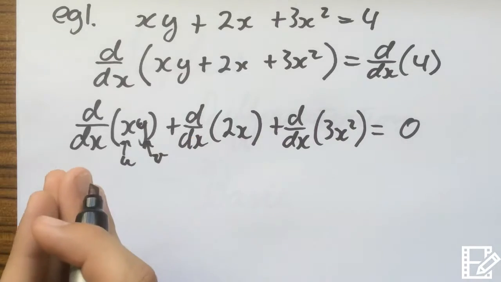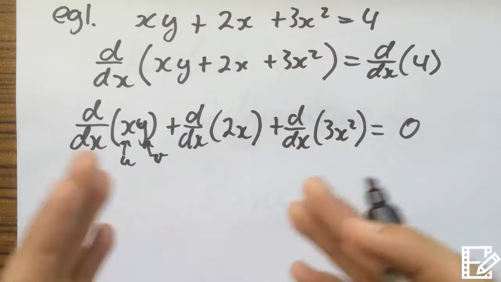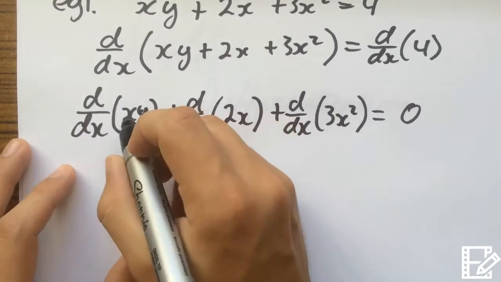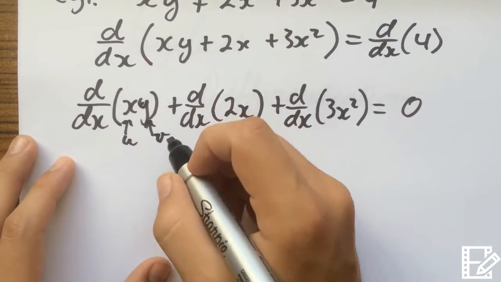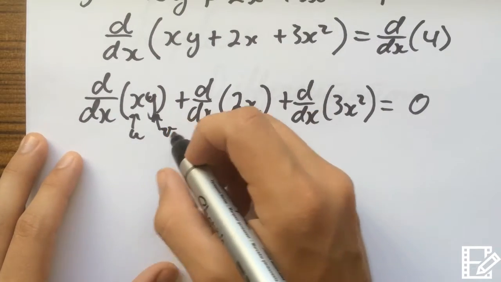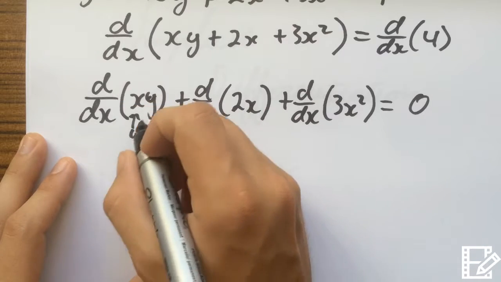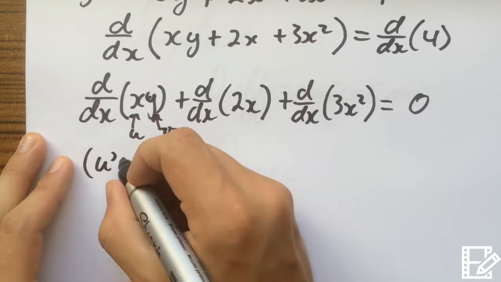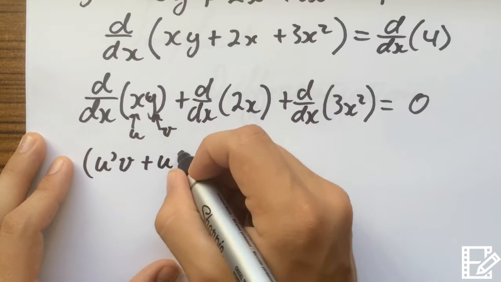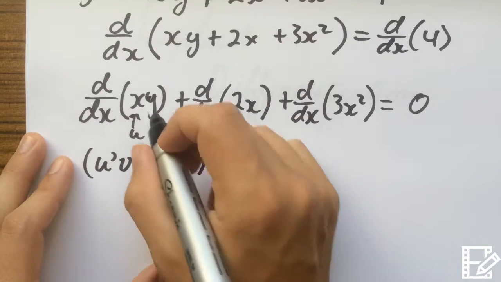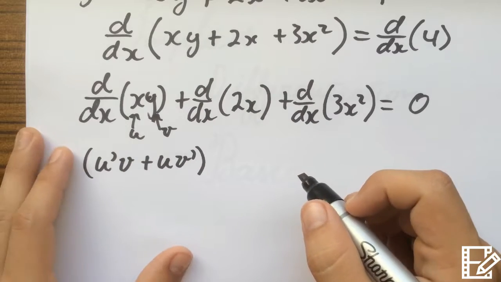So y is a value of x. Okay? It's not x, it's a value of x. So what we're going to do here? Well, we're going to find the derivative, which is u dash v plus u v dash. That's the product rule when you have a function times another function.